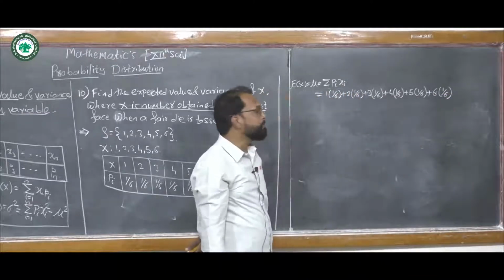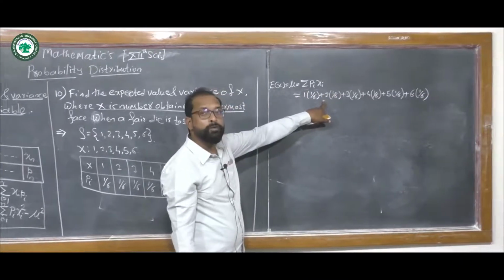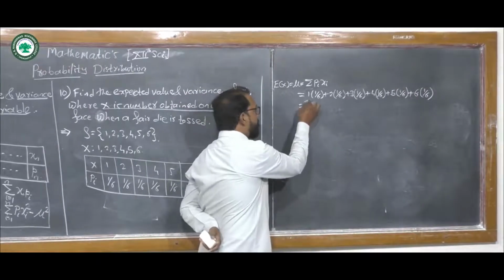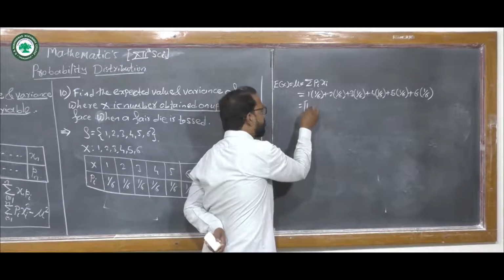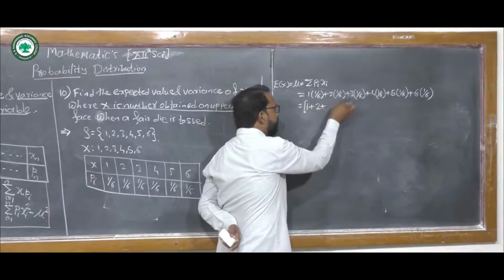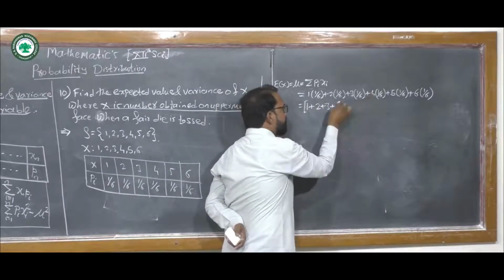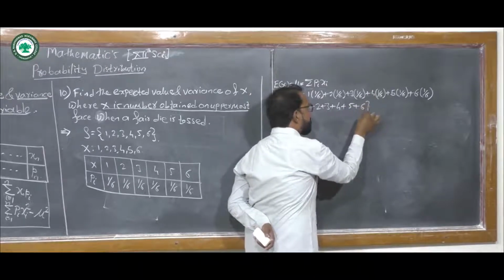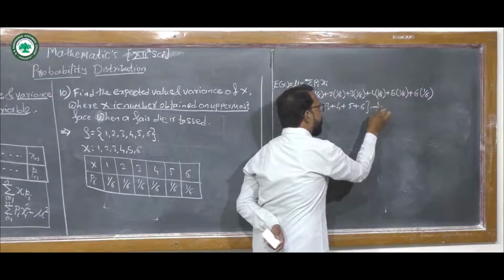Now taking 1 by 6 as a common factor, the remaining terms are 1 plus 2 plus 3 plus 4 plus 5 plus 6, into 1 by 6.